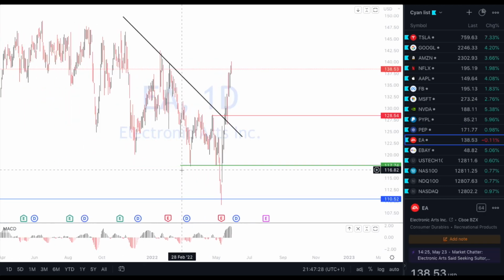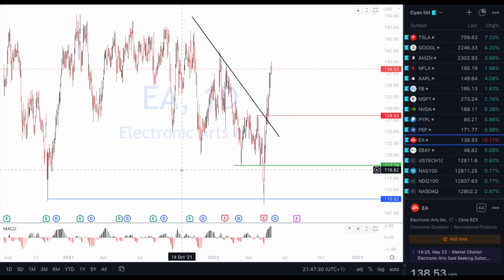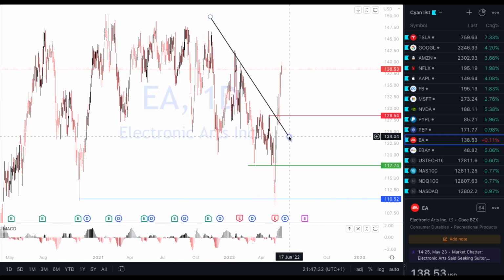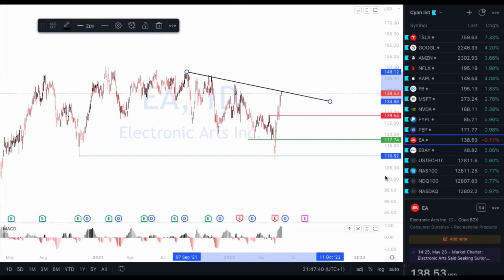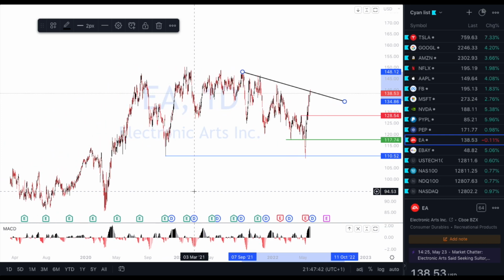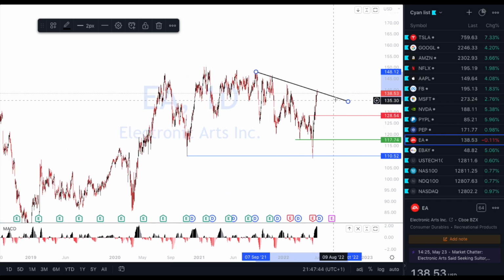Okay, now EA is showing that it wants to push up to the upside, which is fantastic. Okay? This is EA right now. Electronic Arts. So if you guys are into your gaming, EA is the guy for that. And let's see what it needs to break.